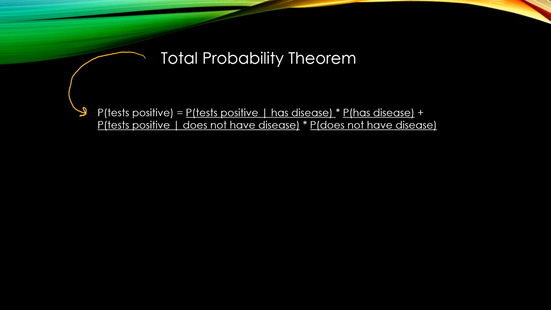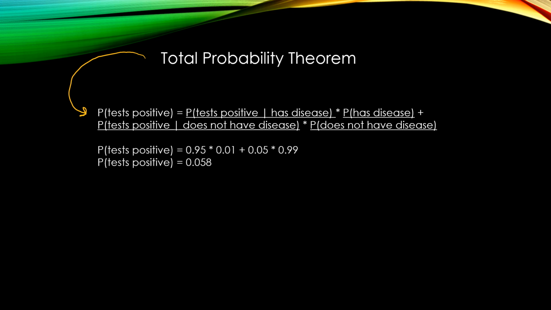The probability that they tested positive given that they had the disease, okay, we're going to put all these numbers together soon, multiplied by the probability that the patient actually has the disease, plus the probability that the patient tested positive given that they do not have the disease times the probability that the patient does not have the disease, which is a 99% chance, right? Just in general terms, without looking at any evidence.